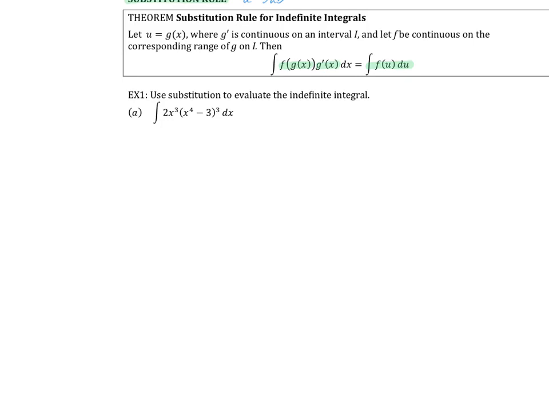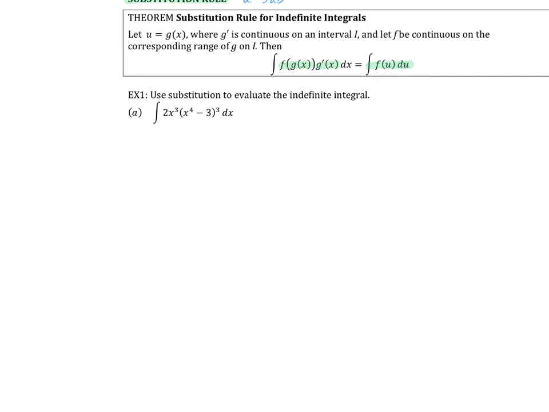Notice that in example 1a, if I were to evaluate this integral, I would have to multiply out the x to the fourth minus 3 times, and then multiply that by 2x cubed. That is difficult and tedious.